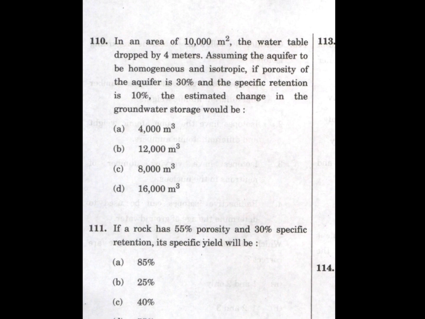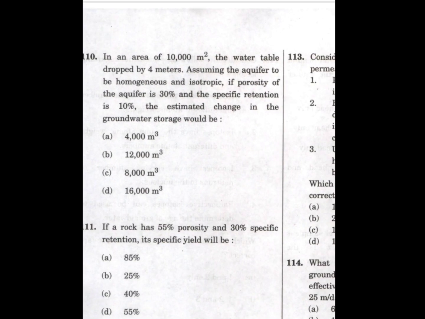We have to calculate first the specific yield. How to calculate the specific yield? Porosity here is 30% minus 10% equal to 20%.